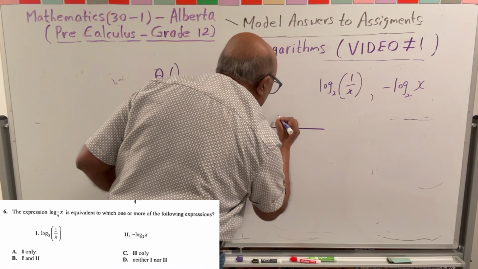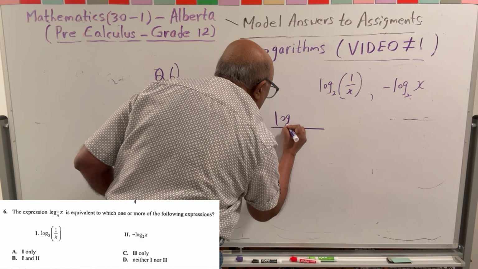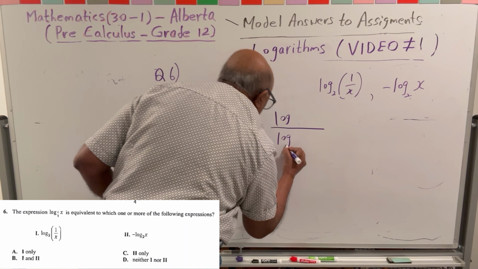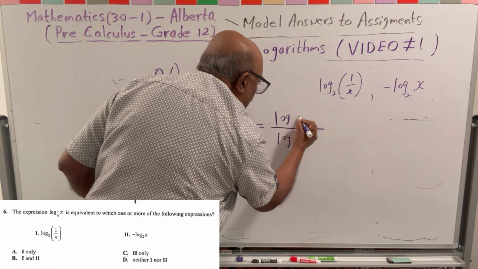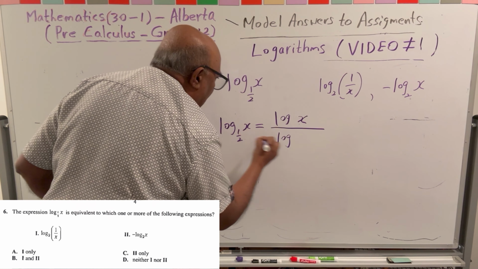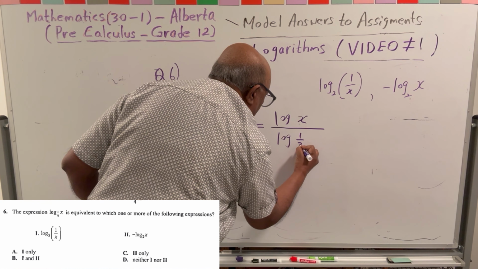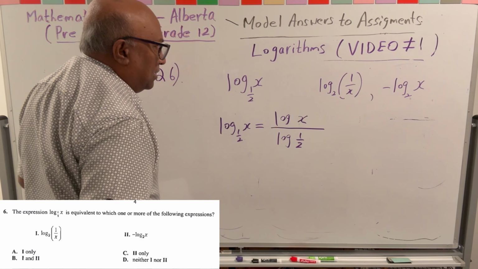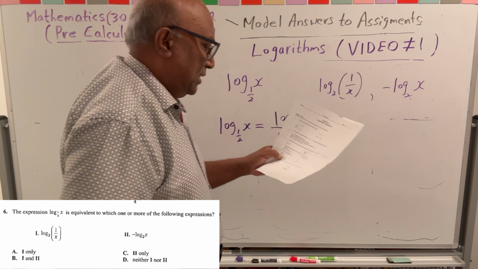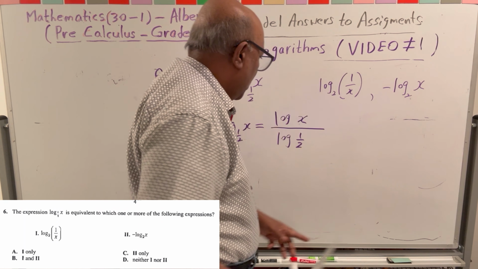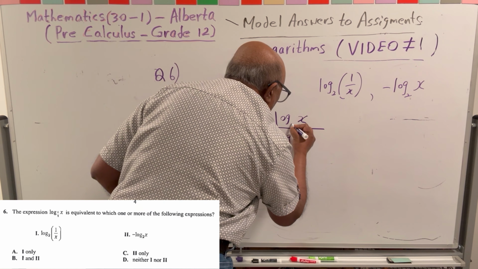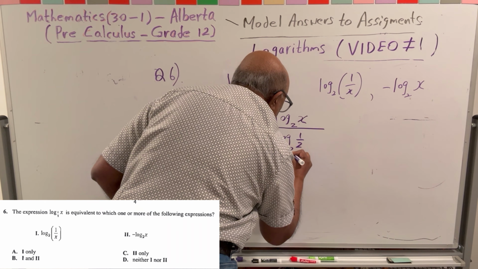Put a line, put log, then put x here, put half here, then insert the base. What base do we need to insert? In the answer options, the bases are 2. Then let's input base 2 here.